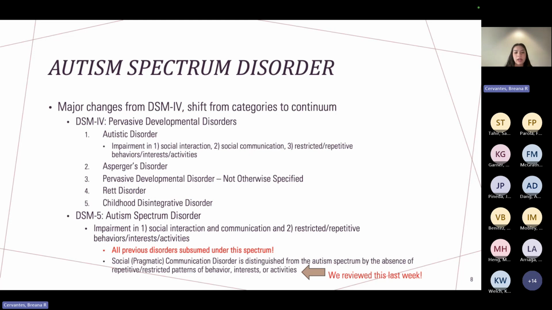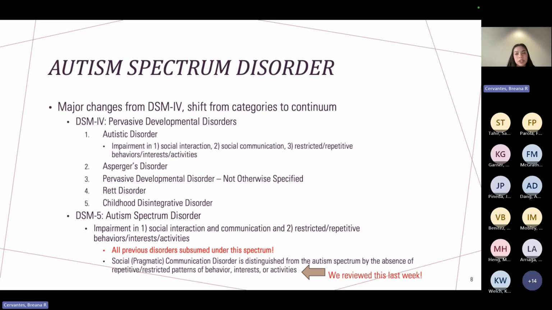Those are always going to be there, but for this, you have to meet both the social aspect criterion and you have to meet the RRB. So we talked about it last week in the sense that with social communication disorder, you really don't see the restricted and repetitive behaviors. So that's one way of differentiating between the two. So remember, you have to have both, not just one or the other.